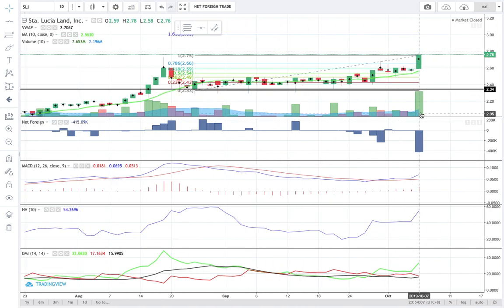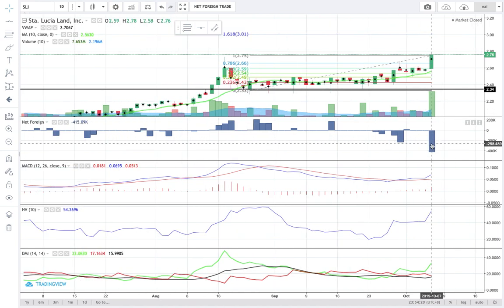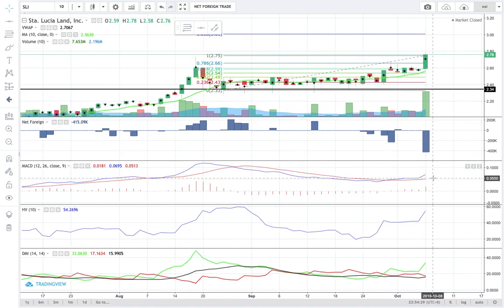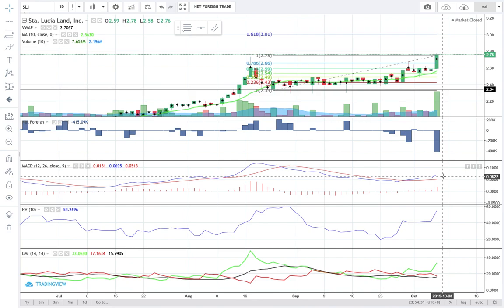So the last volume bar is green, and it is obviously higher than 100% of SLI's 10-day volume average. The foreign investors are not that participative on SLI today. They only registered a net foreign selling worth 415,000 pesos. The 10 SMACD combo is bullish. Risk level is moderate.